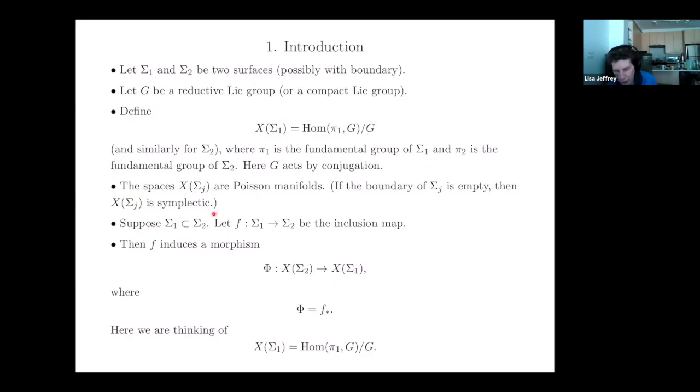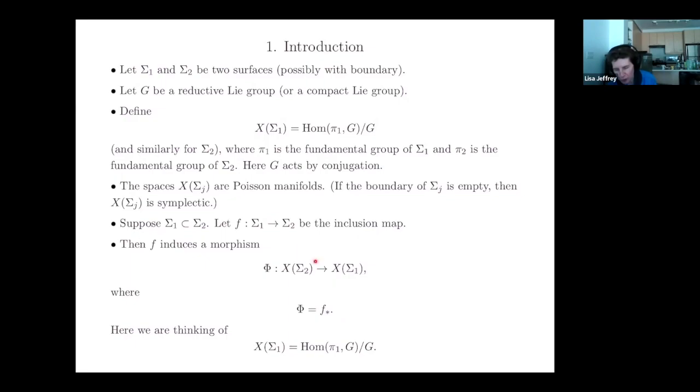So if sigma 1 is included into sigma 2, let F be the inclusion map. And then there is a map from the character variety of sigma 2 to the character variety of sigma 1, which basically comes from pushing forward the fundamental group.